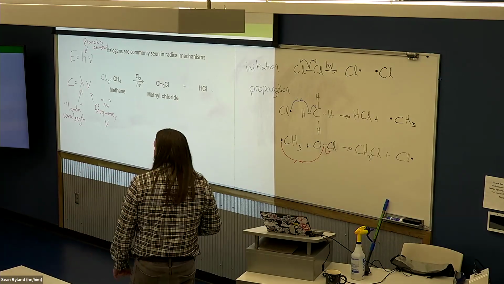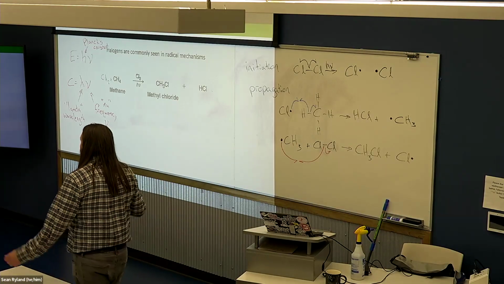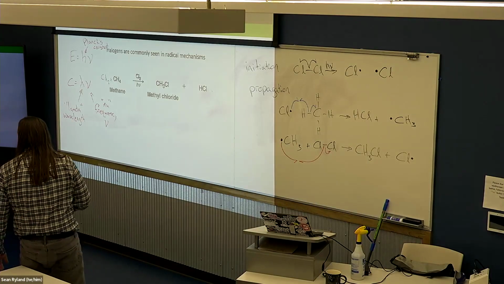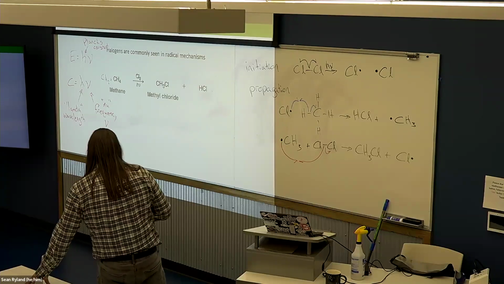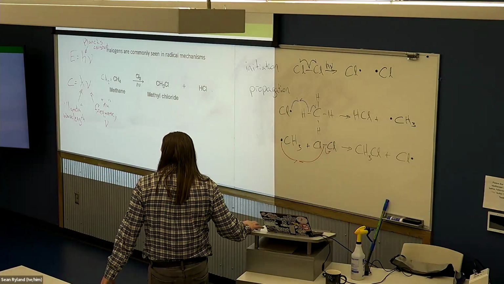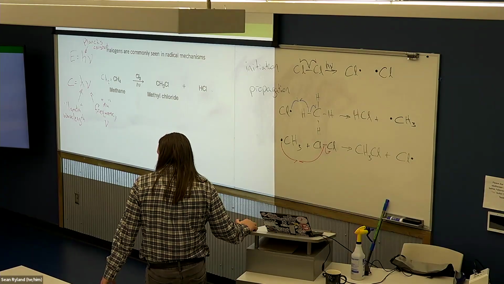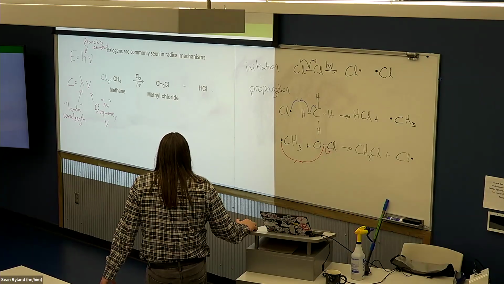All the stuff that's unstable tends to be both a reactant and a product. It's an intermediate. It gets made and then used up. So the one used in the first propagation takes out the one made in the second propagation.